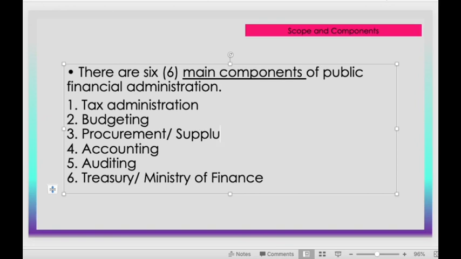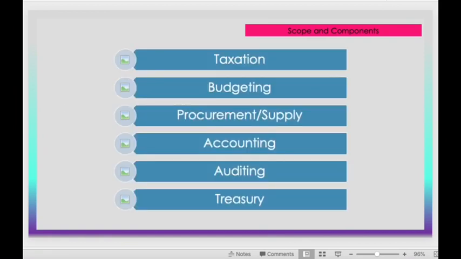Alright, and then the next one, accounting, is also a part of the government components in handling PFA. Auditing, always remember that auditing always comes after accounting. And then the next one, treasury, which is handled by the Ministry of Finance, MOF. So you can see the summary here: taxation, budgeting, procurement or supply, accounting, followed by auditing, and then treasury.